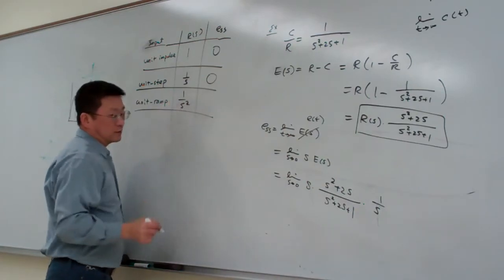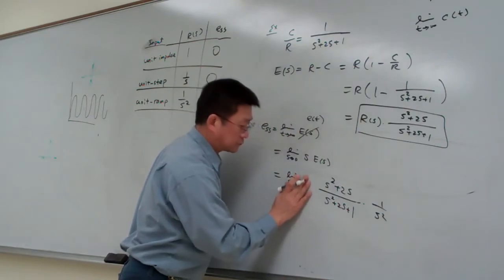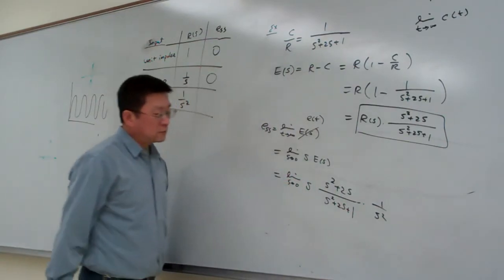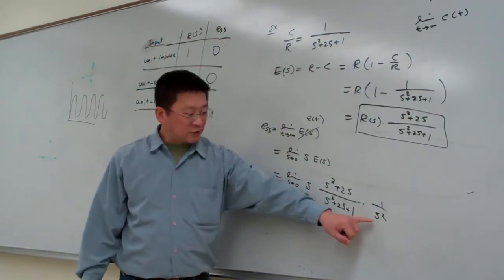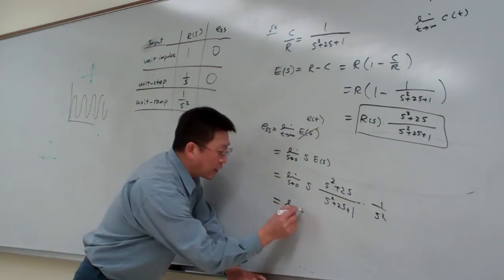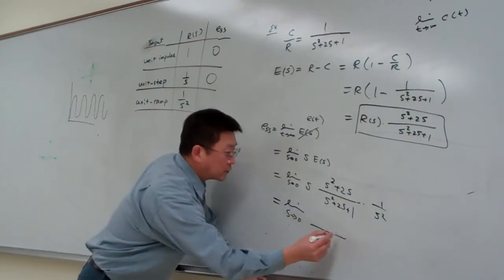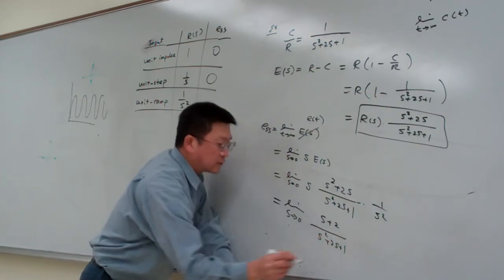ramp, this is s squared, so that is squared. For this case, you can see we cancel s squared from the numerator. Let me write it one more time. That becomes s plus 2 over s squared plus 2s plus 1, right?